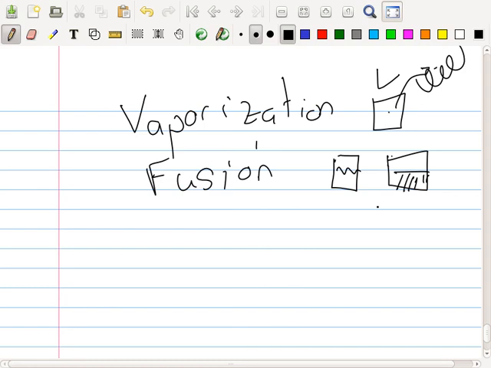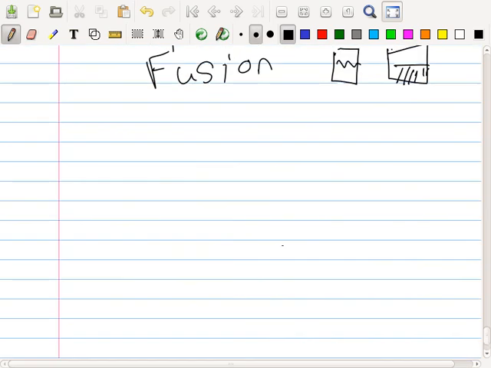Vaporization, from liquid to gas? Yes. Is there one from gas to liquid? There are actually some interesting ones. Let's have a look. Liquid, solid, gas.